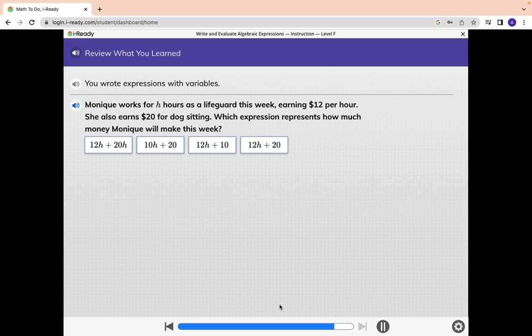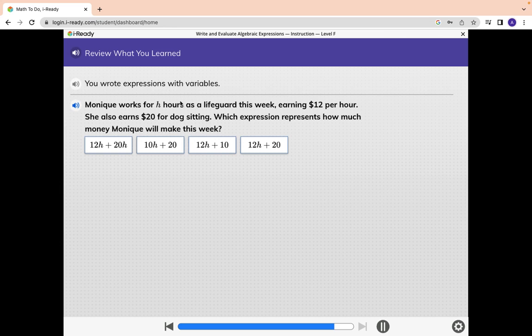Okay, so Monique works for H hours as a lifeguard, earning $12 per hour. She also earns $20 for dog sitting, just $20, not $20 per hour.